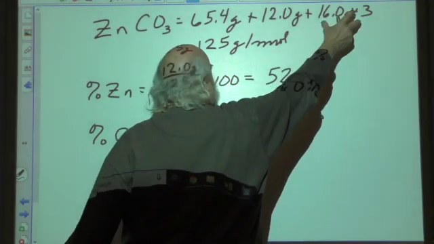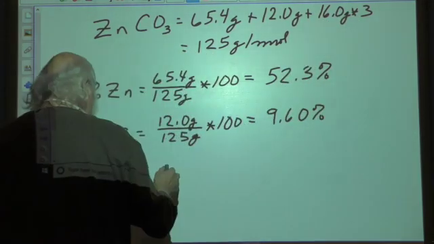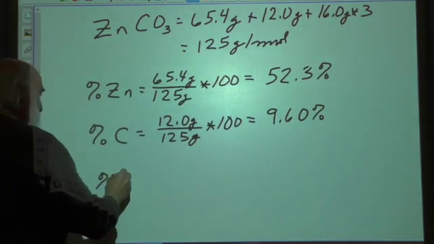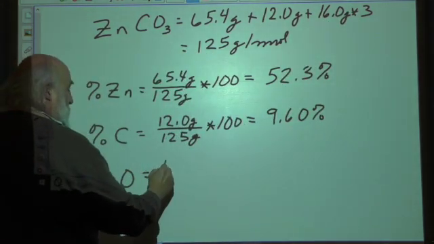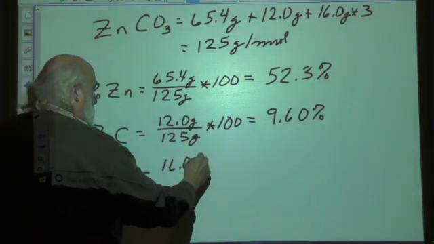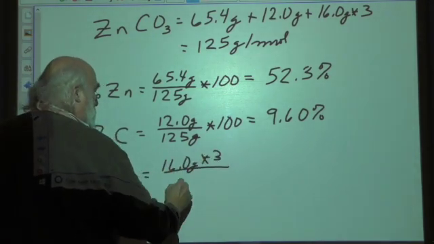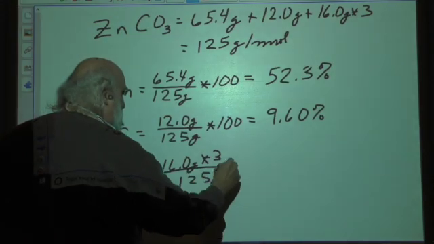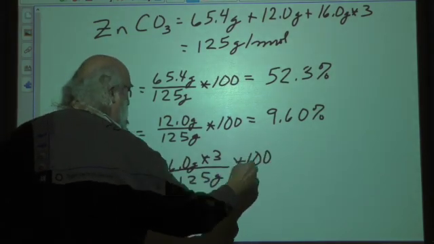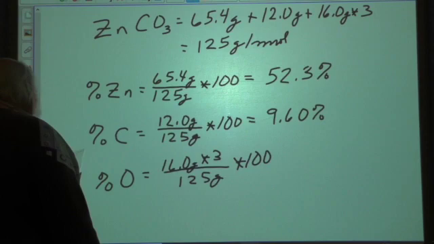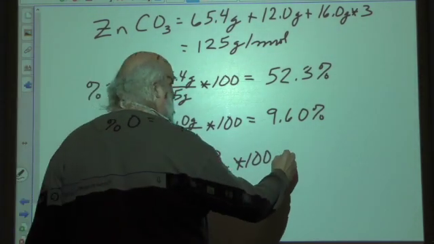So we write down this entire thing just the way it's written over here for percentage of oxygen. We get 16.0 grams times 3 over 125 grams times 100. And when you get that done, you get 38.4%.